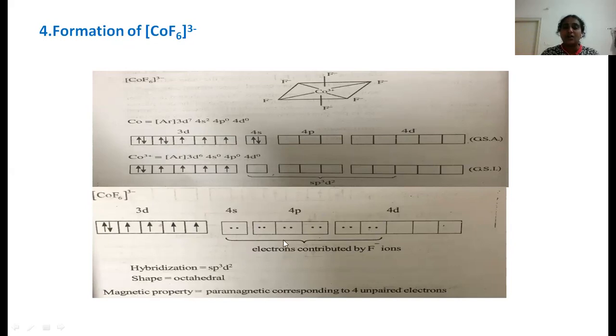This hybridization is called an outer orbital hybridization, because here fluorides are weak field ligands. In the presence of weak field ligands, no pairing takes place. So outer d orbitals are involved in the hybridization, that is called sp3d2 hybridization. The geometry of this complex is octahedral. Here each orbital has one single electron, hence this complex is a paramagnetic substance.